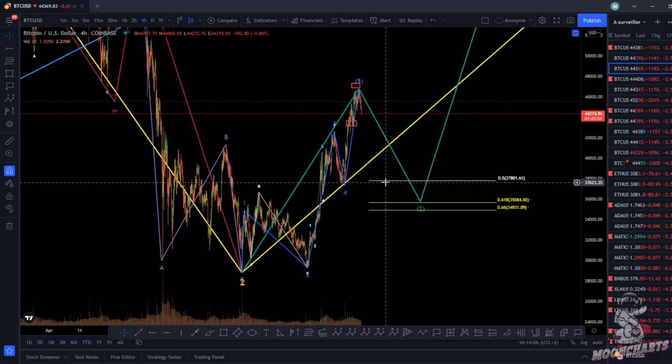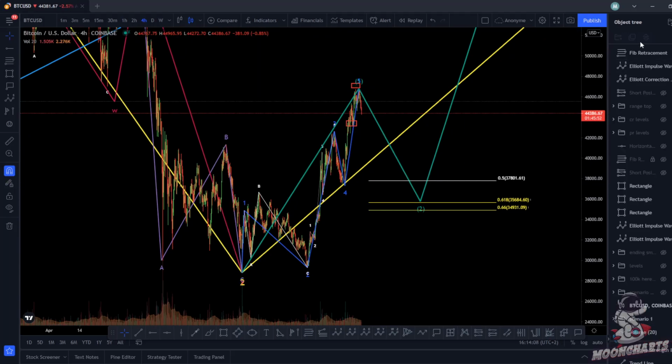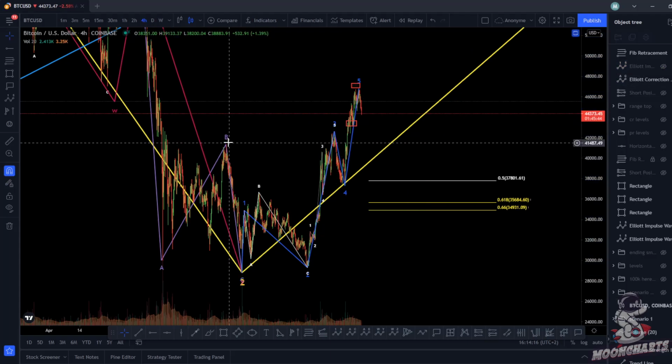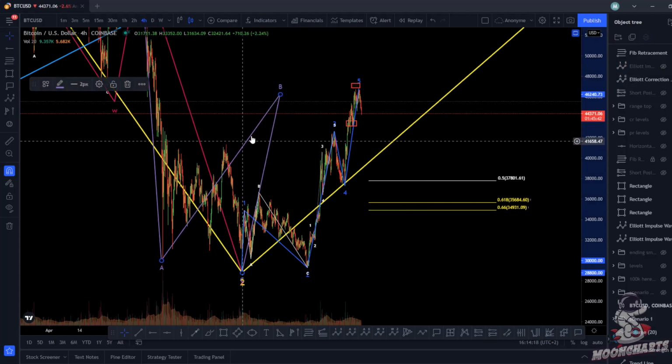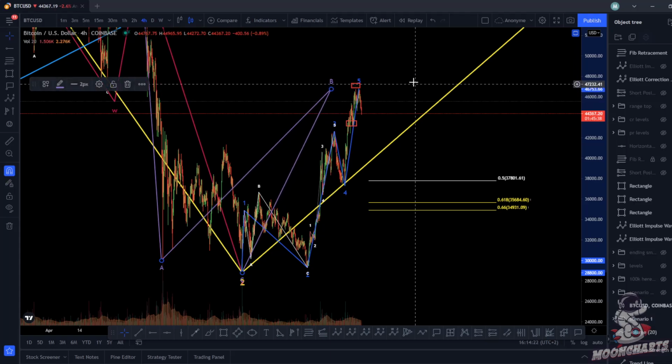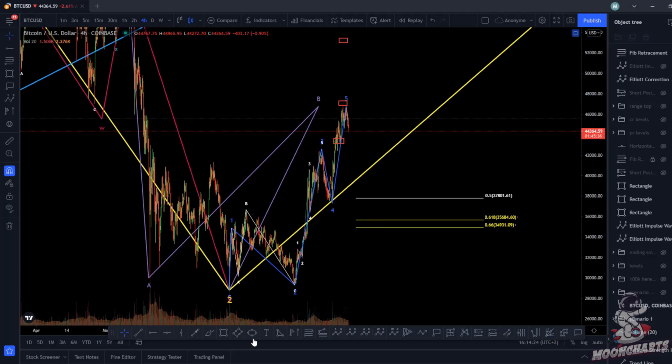But in case we didn't do the bottom just right there, where are the waves here? This is a bigger one. In case we didn't finish at the B wave here, this is also a bit of a problem, because we didn't get any good retracement on this B wave.